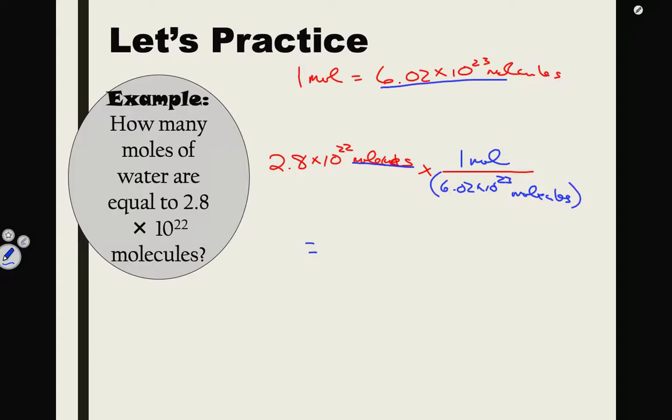The answer that you should get on your calculator is 0.047, rounding for significant digits. If you didn't get that, then you entered it into your calculator incorrectly, and I would try it again, starting with putting Avogadro's number in parentheses.